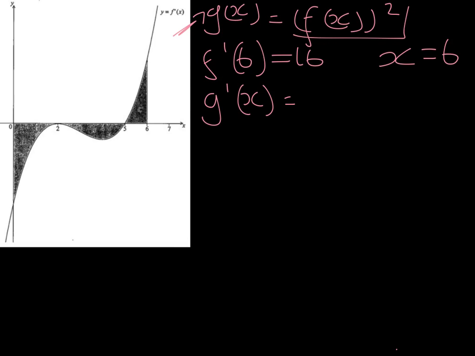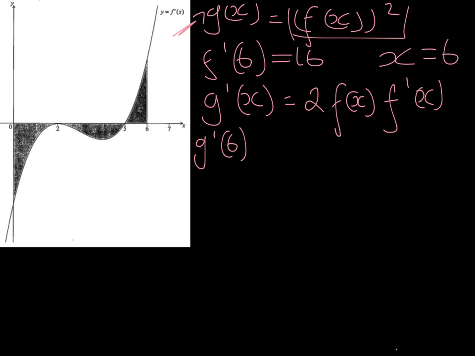Using the chain rule, the derivative of this is going to be 2 times f of x multiplied by what's inside the brackets, which is f dash x. More exactly, we want to find the gradient at 6, so we're trying to find g dash of 6, which is twice f of 6 multiplied by f dash of 6.